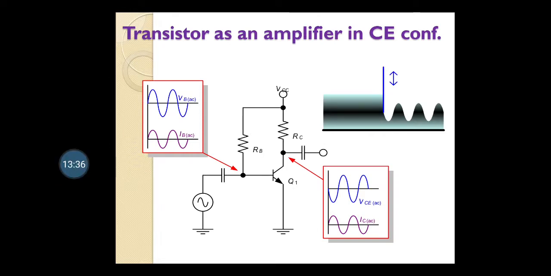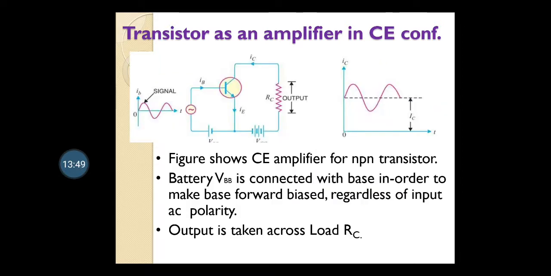So this is the circuit diagram of a transistor as an amplifier. You can have one more circuit diagram as voltage divider bias. I have used fixed bias here. Now what happens when you apply an input AC signal to the base of a transistor, and VBB is connected with the base in order to make the base forward bias.